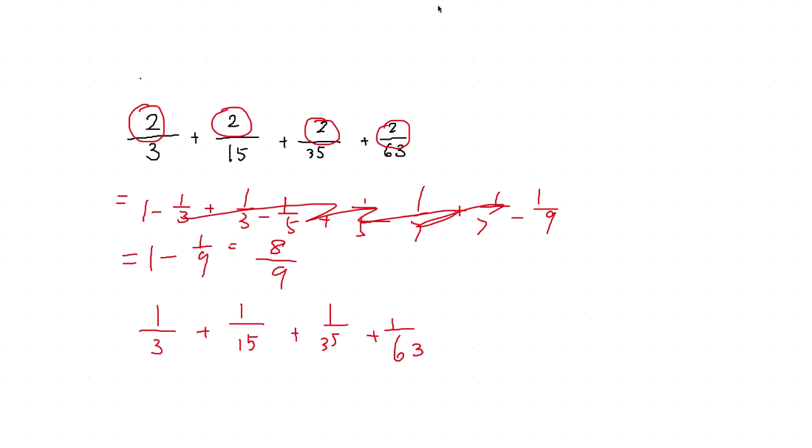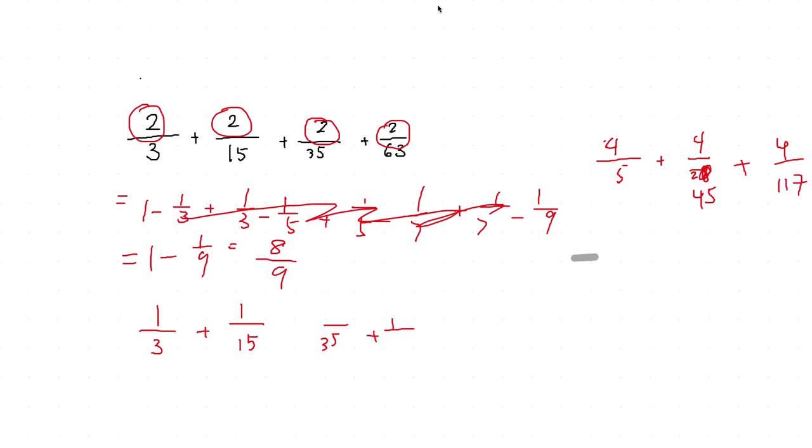Amelia, okay? Because you and Grace didn't get this one right, I give you another question to practice. Okay, so 4 over 5 plus 4 over 45 plus 4 over 170.